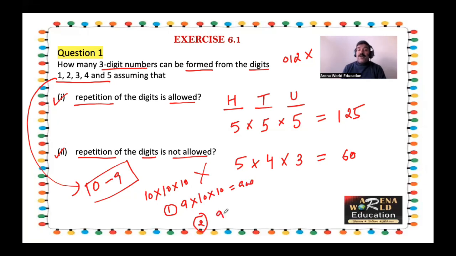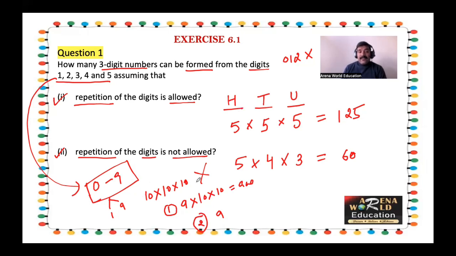Out of these 10 digits, one was 0 and the remaining 9 digits were non-zero. So we have taken any of the 9 non-zero digits for the hundreds place.